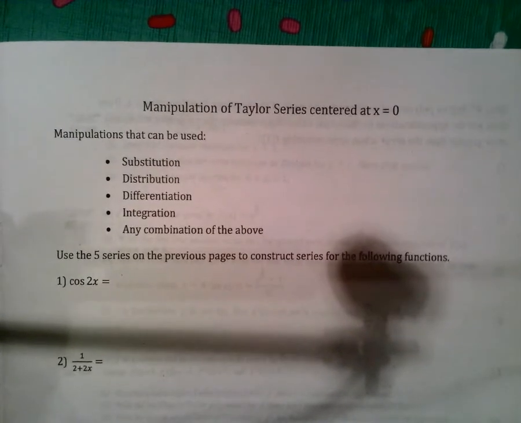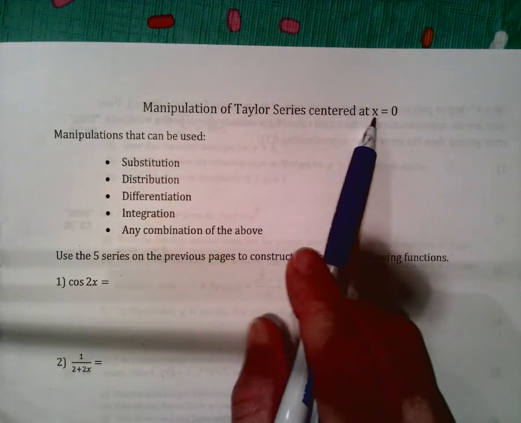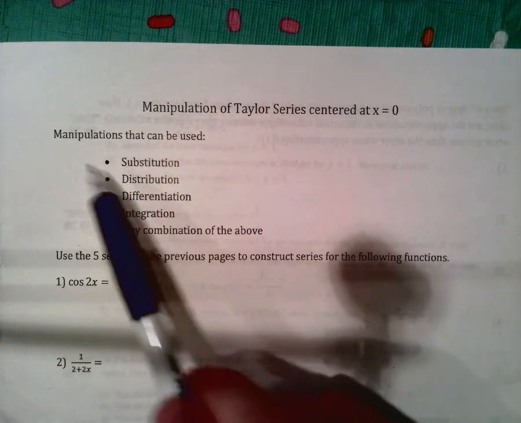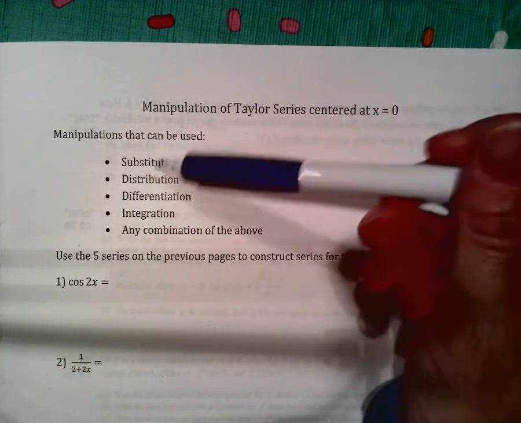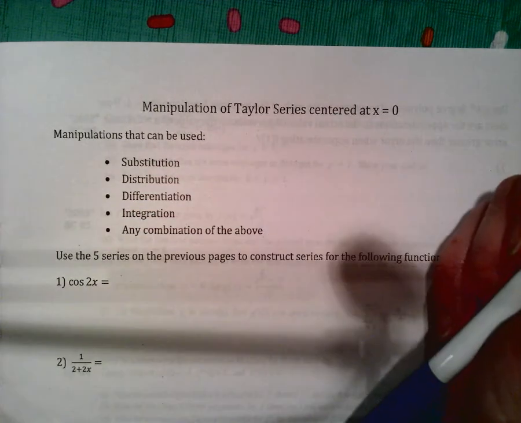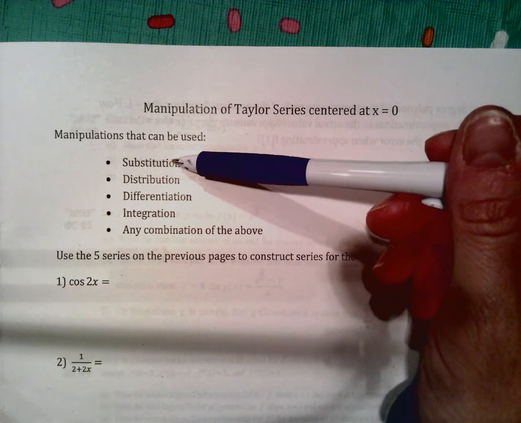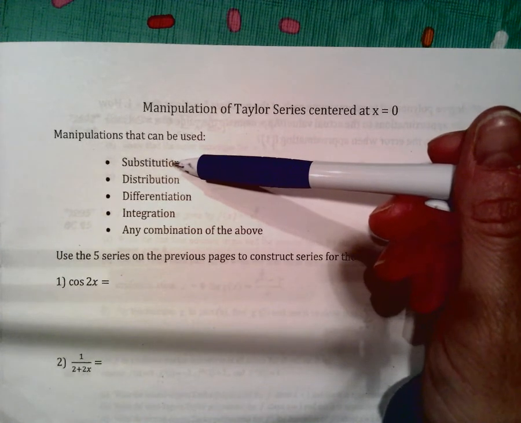On page 13, it says manipulation of Taylor series centered at x equals 0. Remember, the Taylor series centered at 0 is called a Maclaurin series. So manipulations that can be used, we talked about these: substitution, distribution, differentiation, integration, any combination of the above. Substitution would be like for the sine 3x, where we substituted all the x's with a 3x.